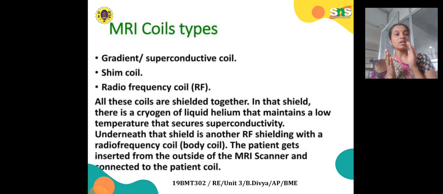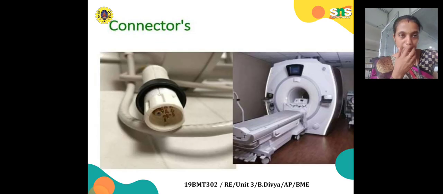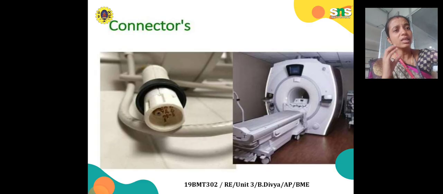We have seen in this diagram the MRI scan system. The patient lies on the bed, and from outside the patient is inserted inside and the scanning process is done.